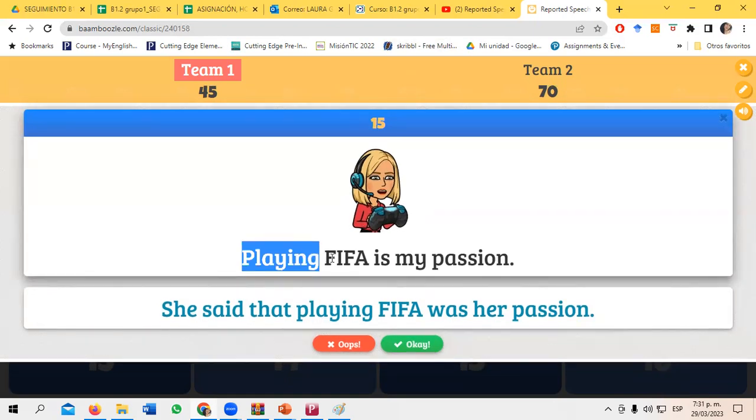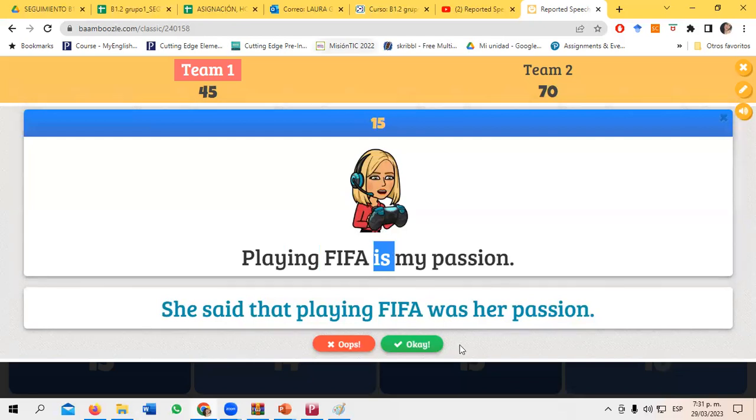Jugar FIFA es mi pasión. ¿Quién es el sujeto de esa oración? Es el jugar, ¿no? Entonces por eso queda igual. Eso es el gerundio, playing FIFA. El que cambiamos es el verbo de la acción, del tiempo presente al pasado. She said that playing FIFA was her passion. All right. Good, Silvia.